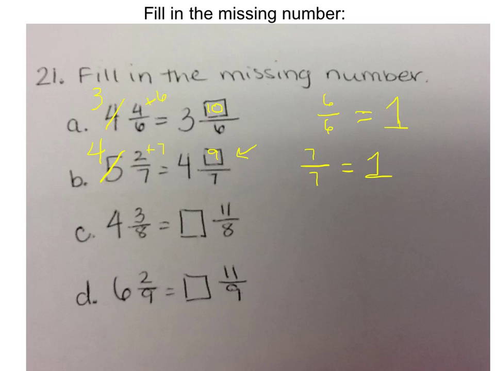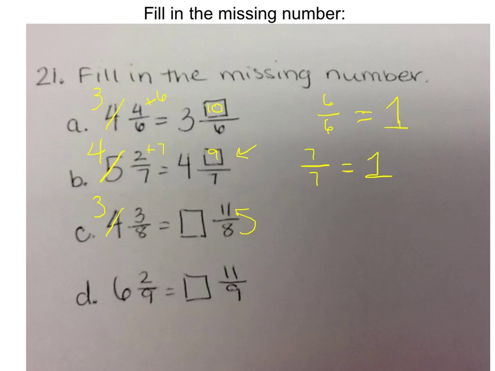For C, I am not sure what is supposed to go here, but I do recognize that the numerator is larger than the denominator, so 8 must go into 11 at least one time. And I know that 8 goes into 11 one time with some remainder. So I know that at least 1 was borrowed from this side.